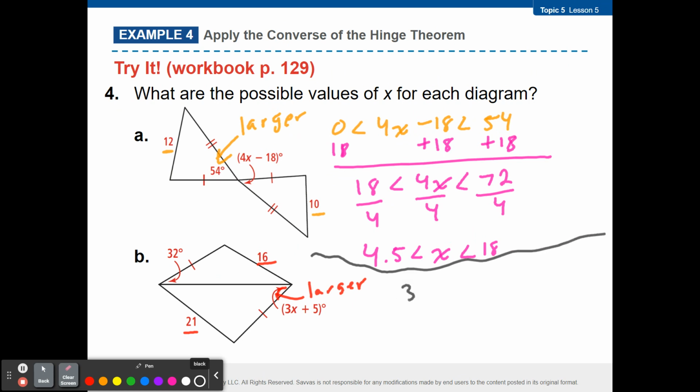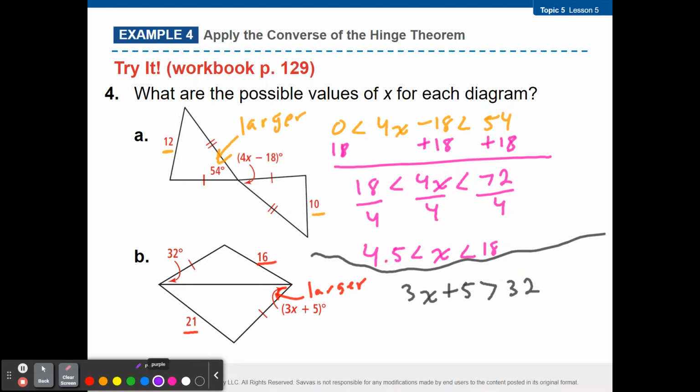I'm going to have 3x plus 5 is greater than 32. We're not going to have a 0 here because the restriction is already, 0 is kind of already included, and the restriction is going beyond that anyway. Does that make sense? Yeah, so we can't really do anything with the 0 there. Do you guys see the difference between these two?